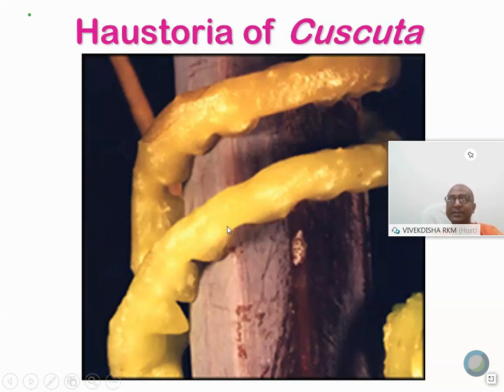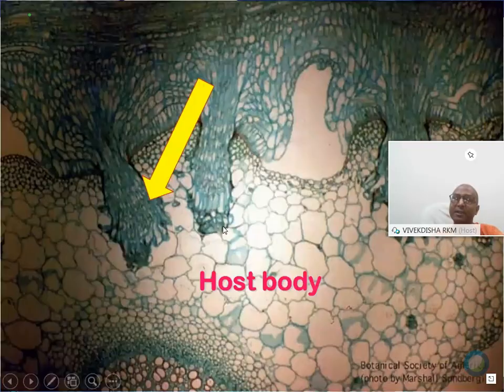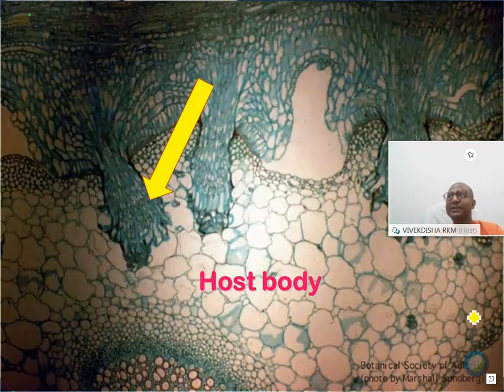What is the speciality? If we look internally, now check this one, we have come into the inside of the host plant.